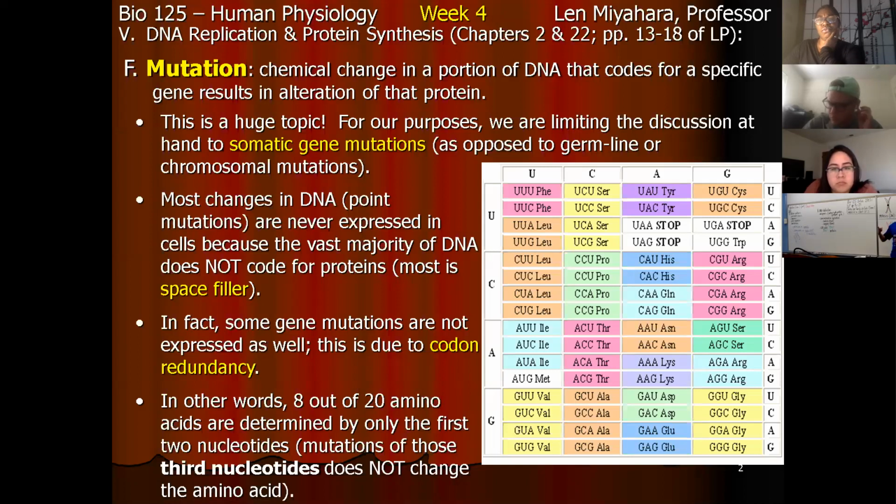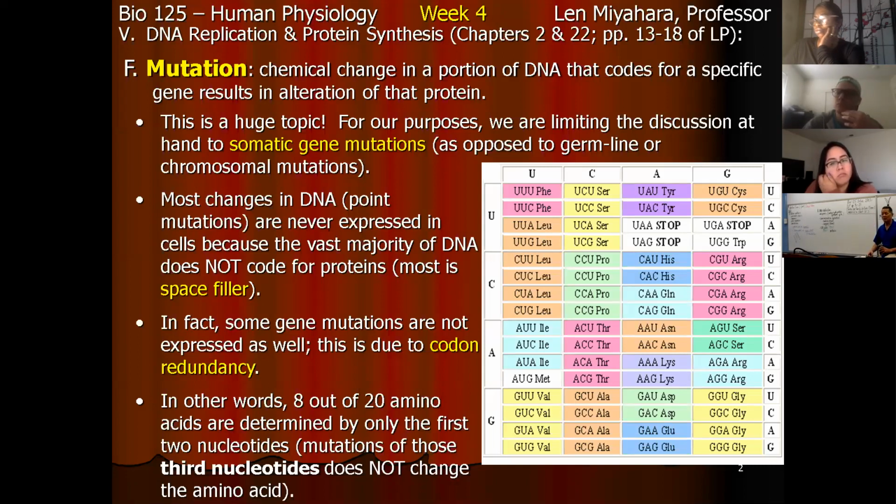If you get a point mutation and you change the third nucleotide, you won't notice it for those amino acids because it won't change the amino acid. You've got the same protein. Everybody see what I'm saying with codon redundancy? So if you get a point mutation, one nucleotide changes, and it's in space filler, nothing, nada.